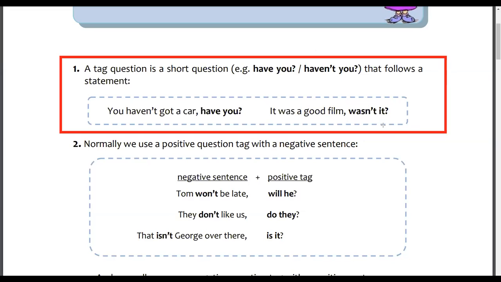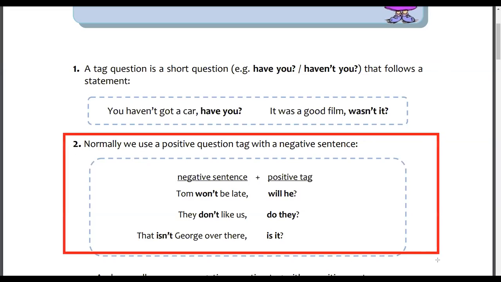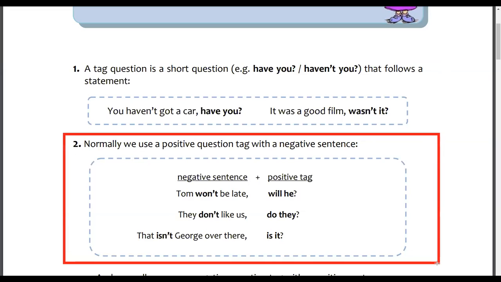So that is the way we start with question tags. To go even further with this explanation, we're going to go a little down here to number 2. You see here, it says normally we use a positive question tag with a negative statement. So something you need to take into account is that this one is going to be a negative statement.